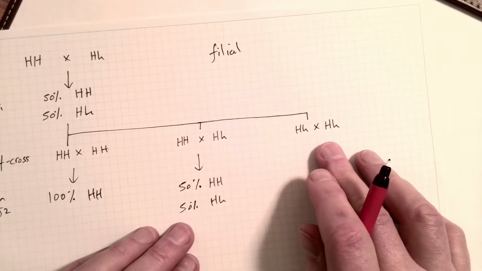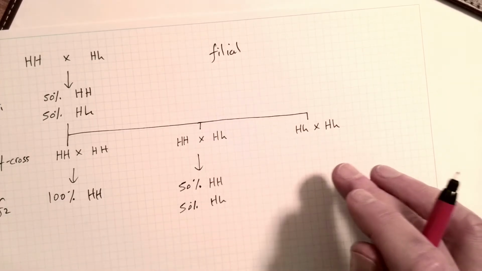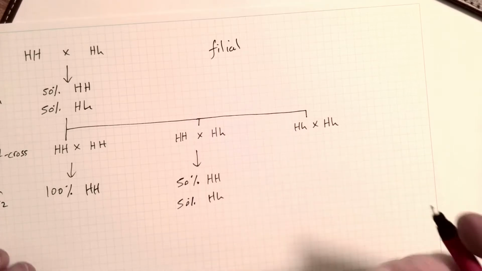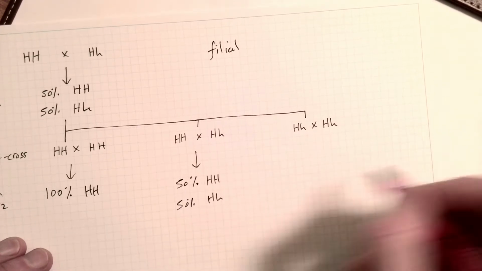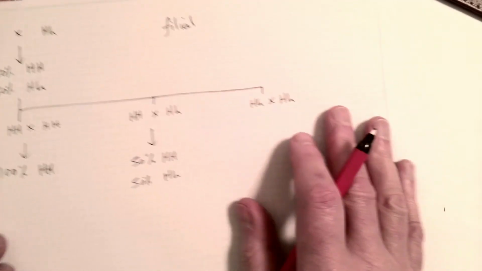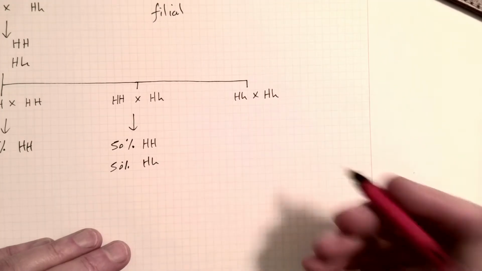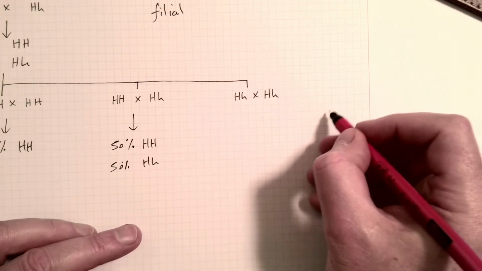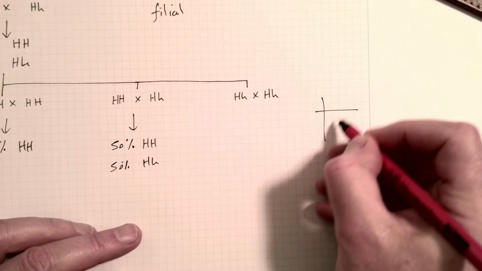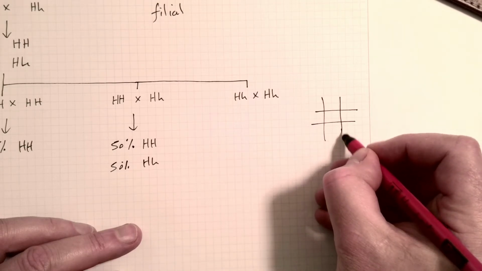So our only hope really for finding some spotty offspring, remember spotties are going to be homozygous recessive, is this cross. So let's focus in on this cross over here and we'll do ourselves a Punnett square. I'm going to do a slightly smaller one just over here so that we can look at the results. It's really just noughts and crosses.